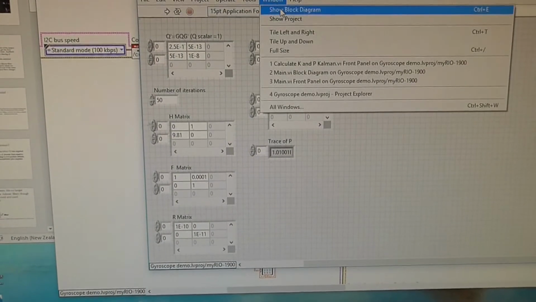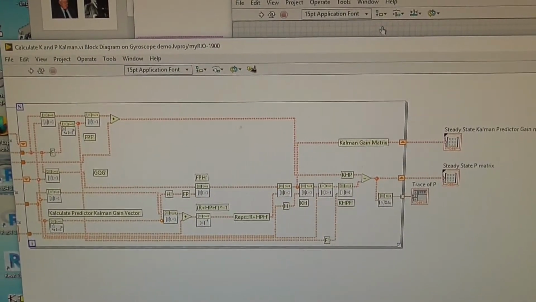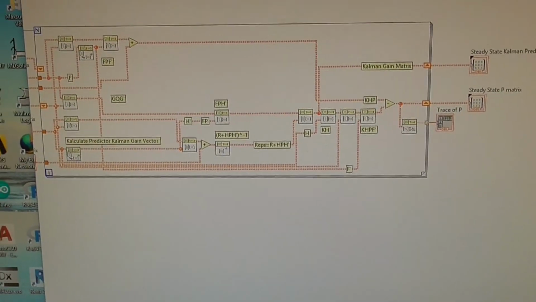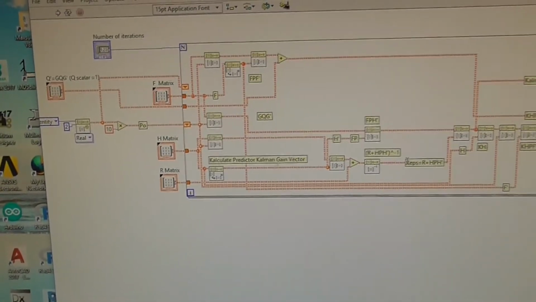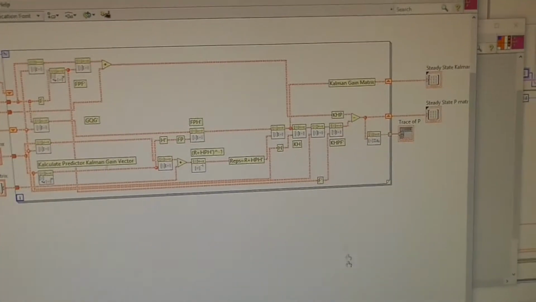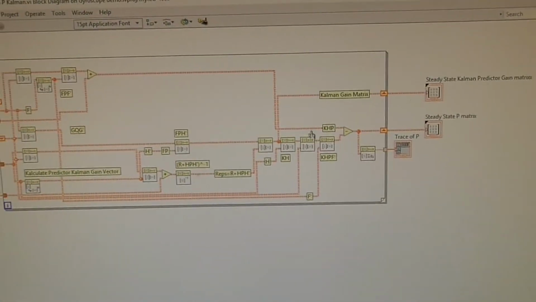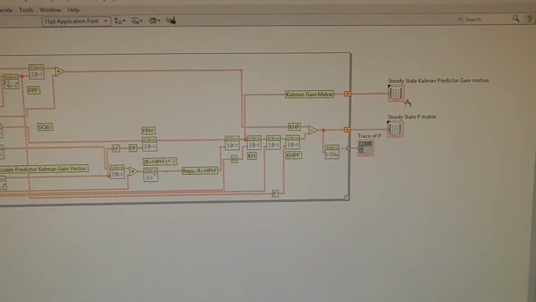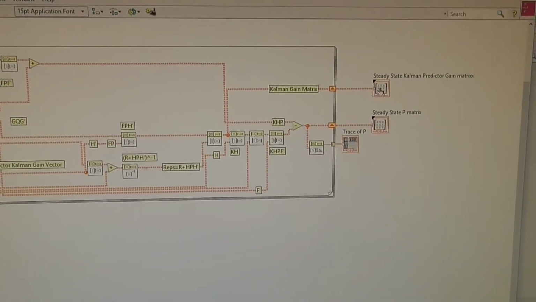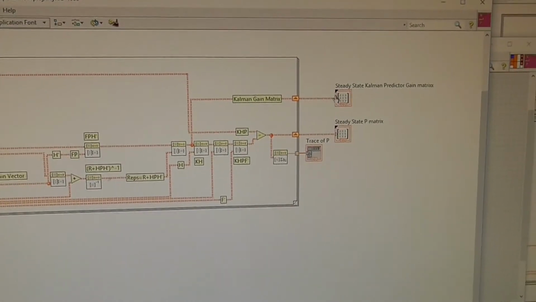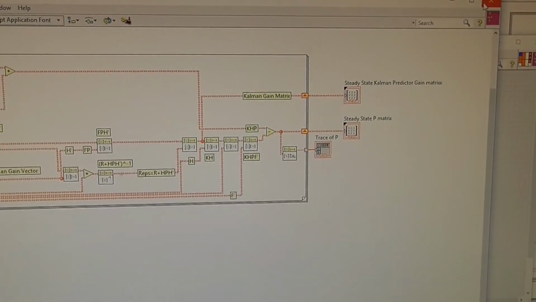That's done in a loop. This loop here goes round about a couple of hundred times. Again, it's all matrices, solving that equation that we just looked at. And we get out of it the steady-state Kalman predictor gain and the steady-state P matrix, but we're only really interested in the Kalman predictor gain matrix.